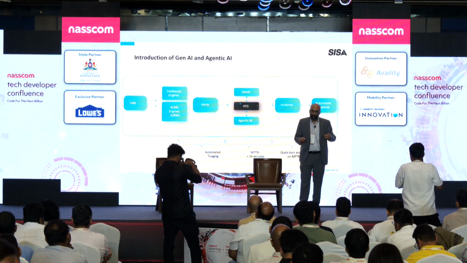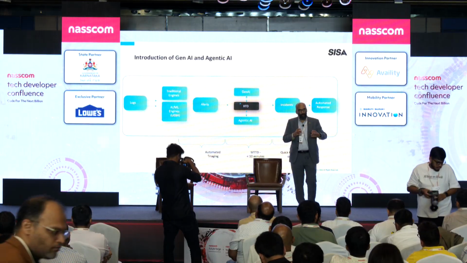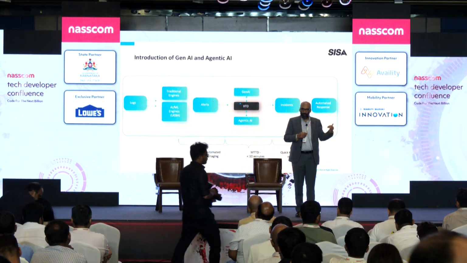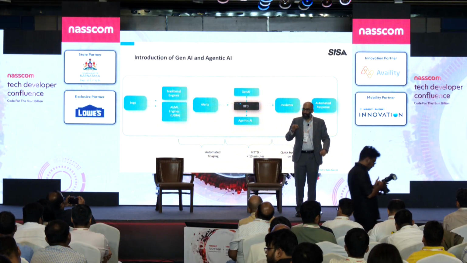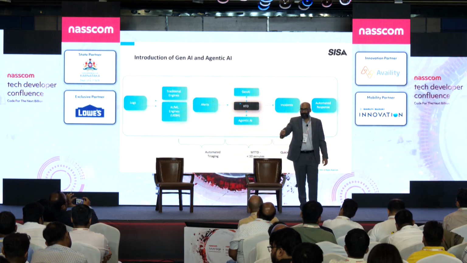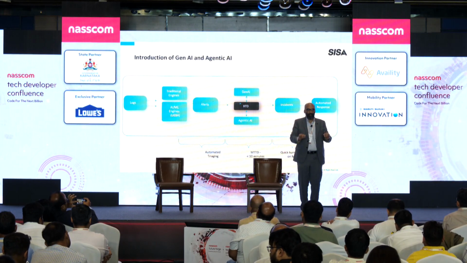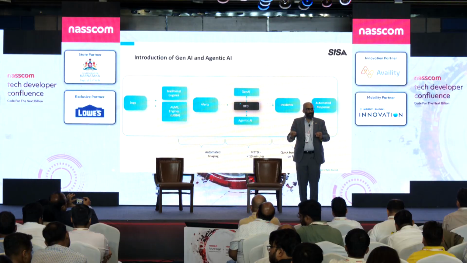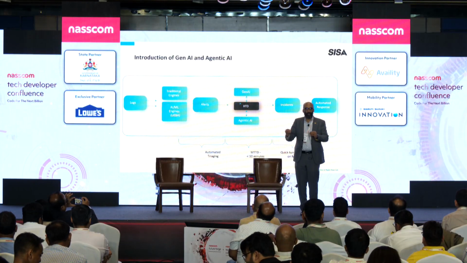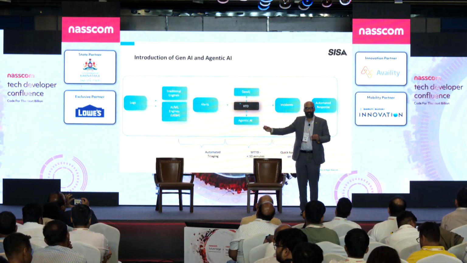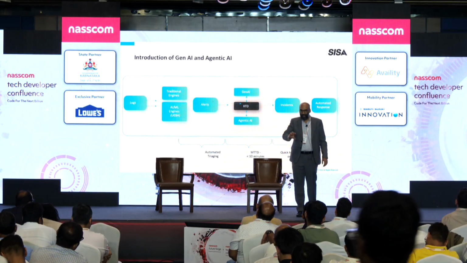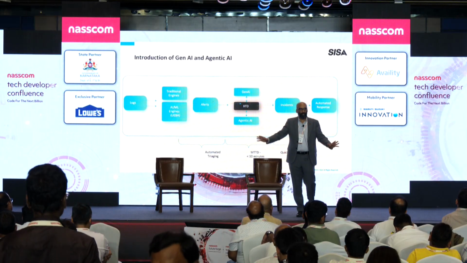We have also introduced Agentic AI to complement GenAI, and we will give a demo of that as well. Ultimately, what we need is to identify the threat and quickly convert it into an incident so that the customer can take action. This entire process today is fully automated.